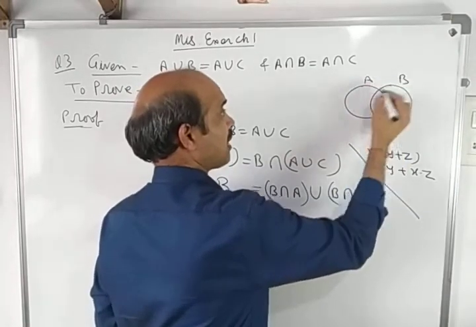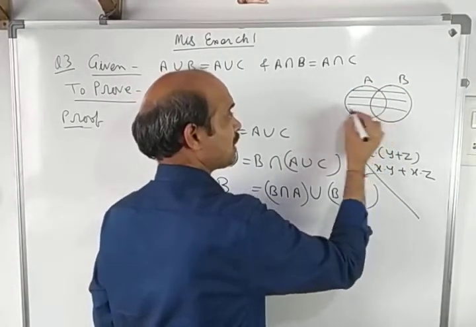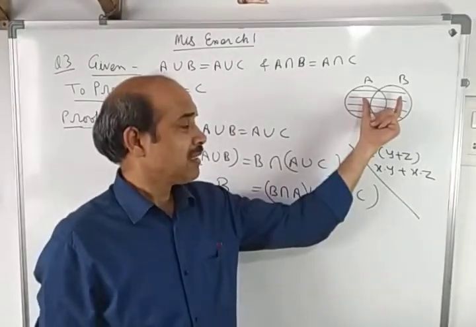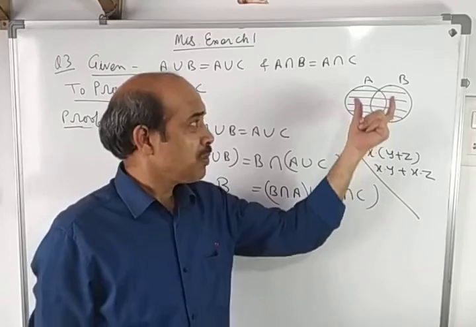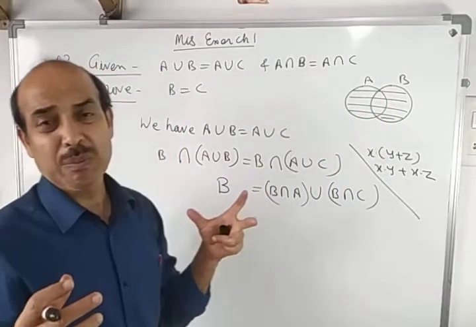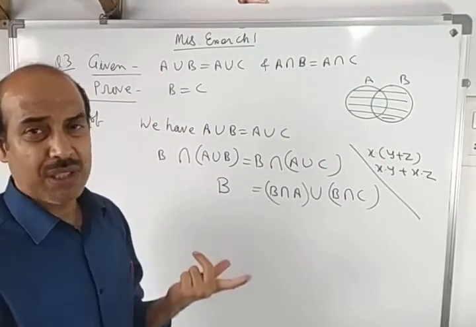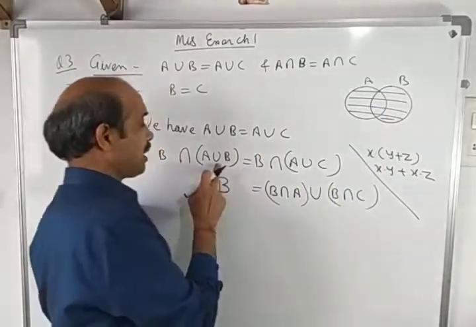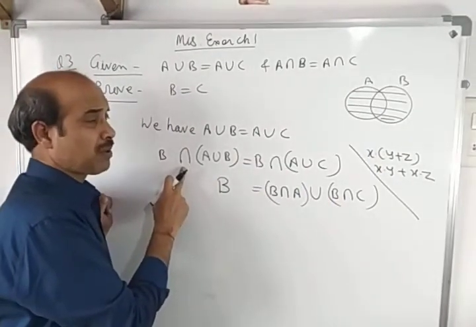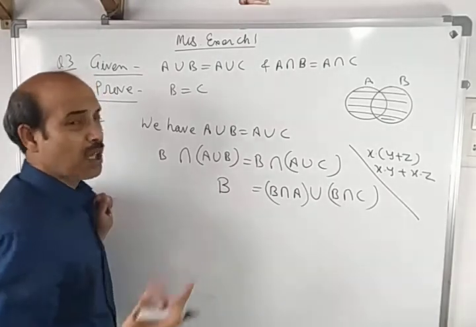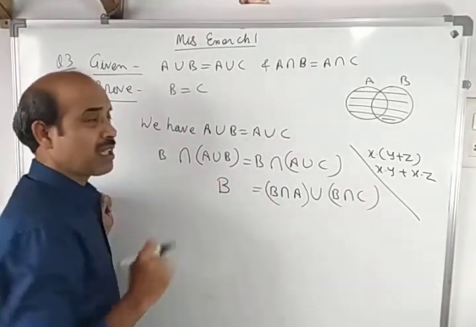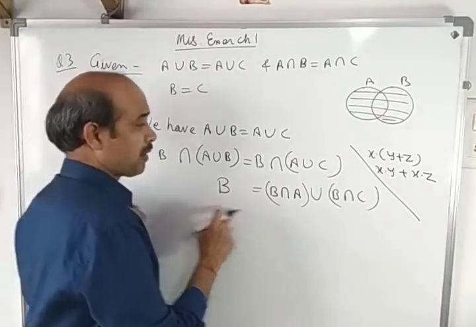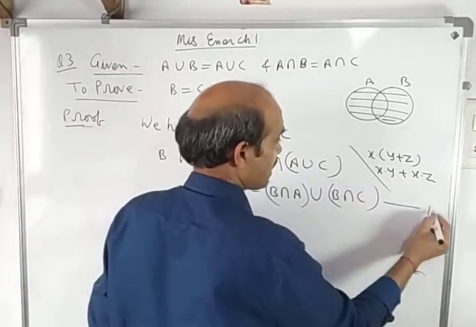This is A union B complete. Now if you take this set and set B, what is the intersection between both? Definitely set B. A union B is this whole, and you are taking intersection with B. What is common with B? The whole B will be common, because B is already present in A union B. So this will become the first result.